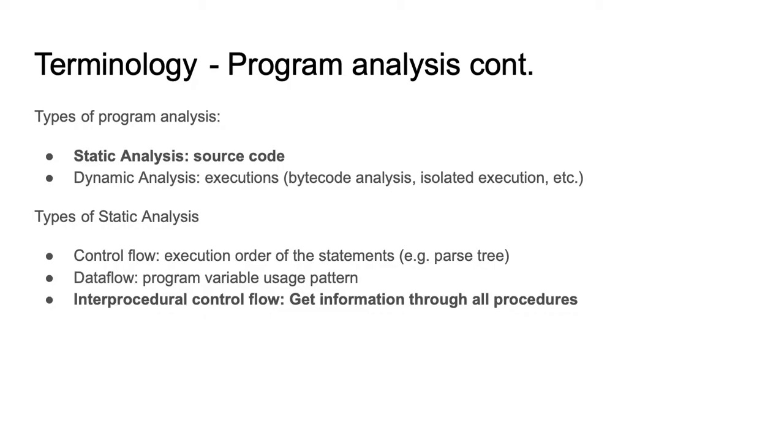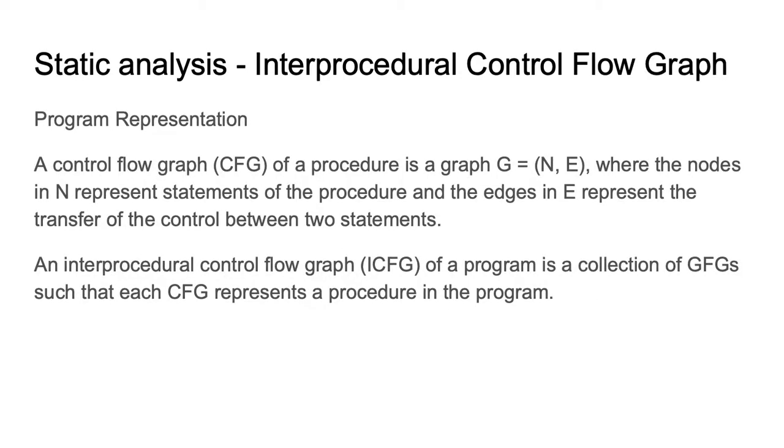And we can represent a program by a control flow, which is the execution order of statements, like the parse tree, or by data flow, how the program variable usage pattern is going on, but we will use interprocedural control flow to get information through all procedures in the program. A control flow graph of a procedure is a graph.